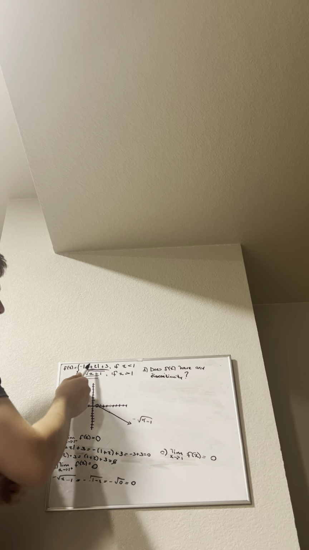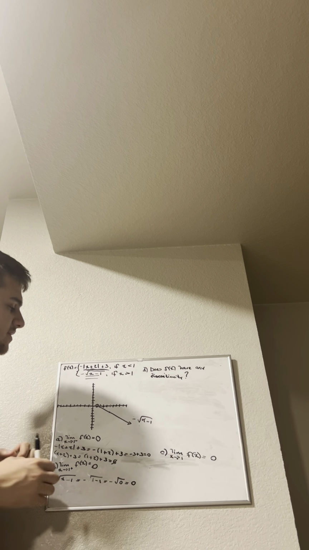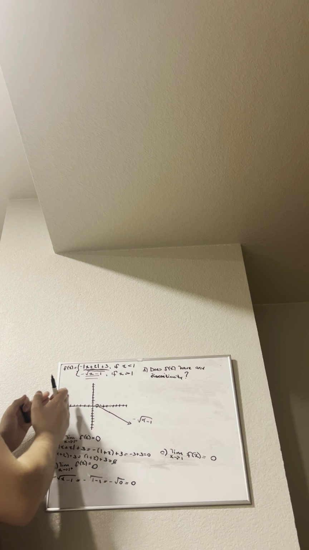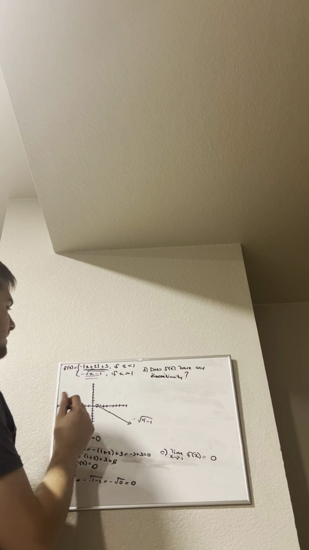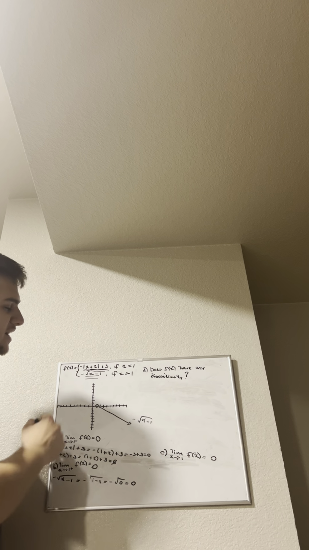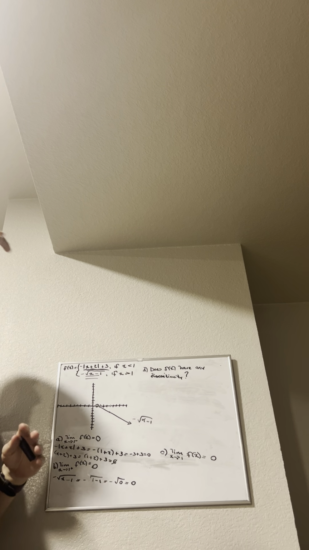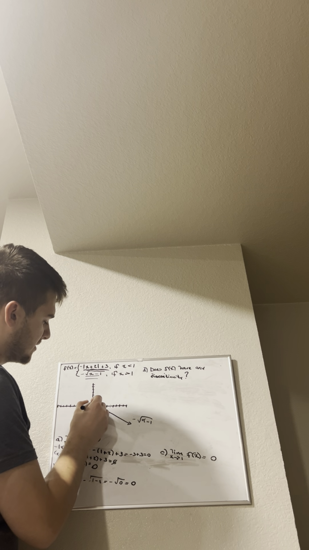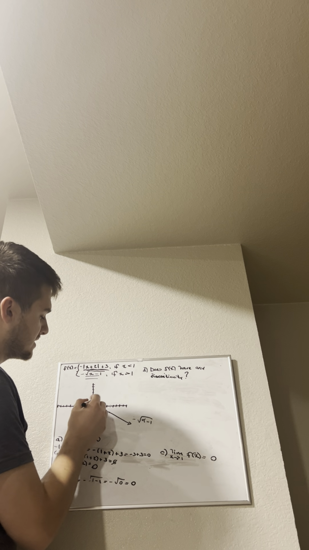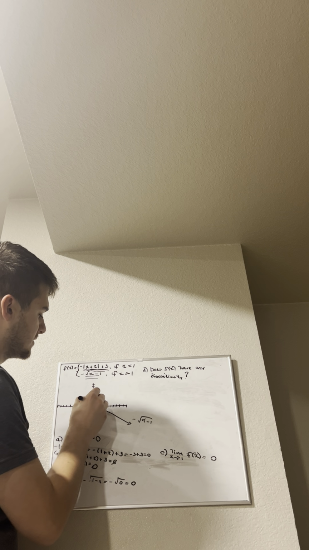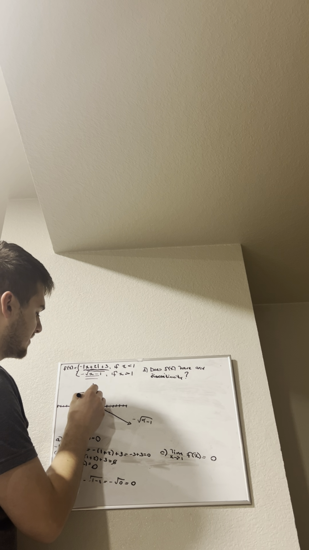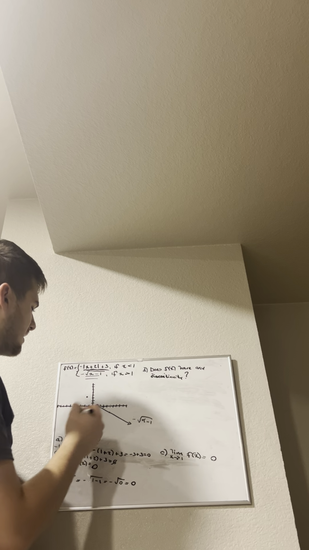So given that it's positive 2 on the inside, the function is going to shift 2 units to the left. And given that we have the plus 3 on the outside, the function is going to shift 3 units up. So let's count 3 units up first, just to make this easier on us. So 1, 2, 3, and 2 units over, 1, 2. So it's going to start right here.